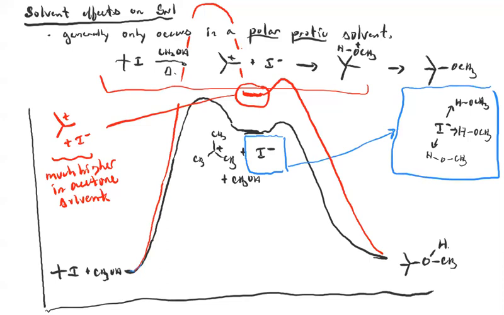And so then the final thing is just like SN2 comes with its partner E2, the SN1 comes with an elimination pathway that we refer to as an E1 pathway.